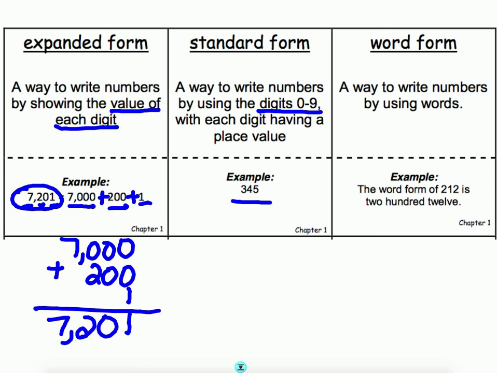Then word form, I think, explains itself. It's a way to write numbers using words. What's important with word form is that how you read it is how you write it. If you read it wrong, you're most likely going to write it in words incorrectly. So it's really important to know how to read a number in order to do this.